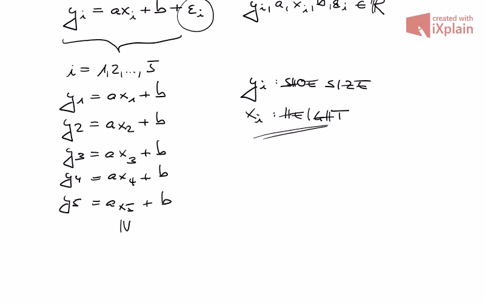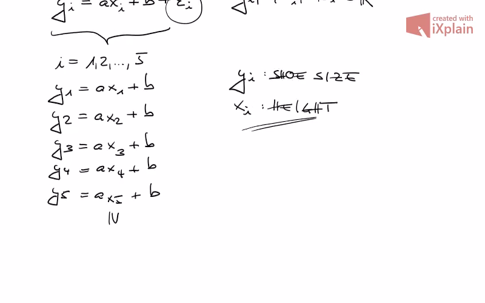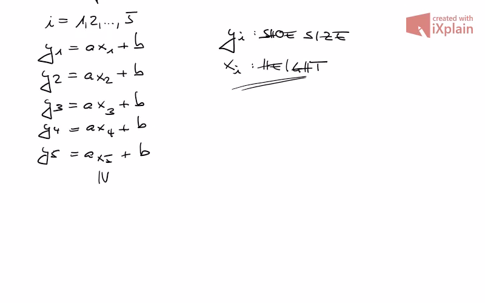So for example, let's come up with 5 values for heights here. For example, 1.5, 1.6, 1.7, let's do it like this, 1.8, 1.9. So these are 5 values for height now.